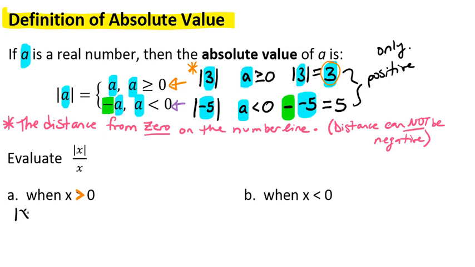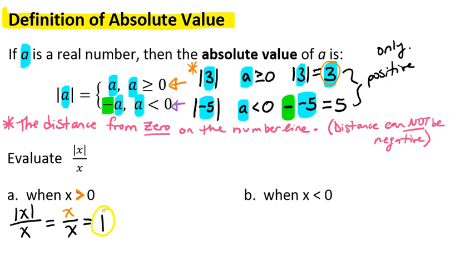The absolute value of x over x is going to be x divided by x, which gives us a 1. So that's our solution there.